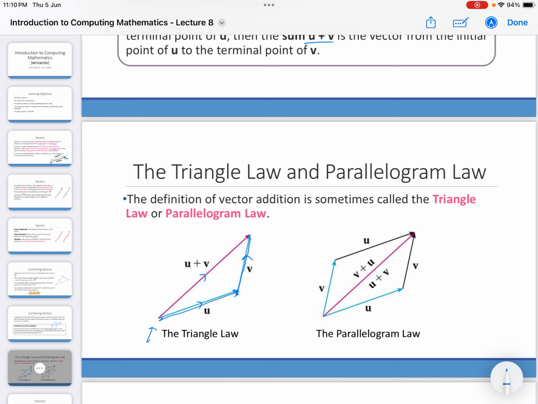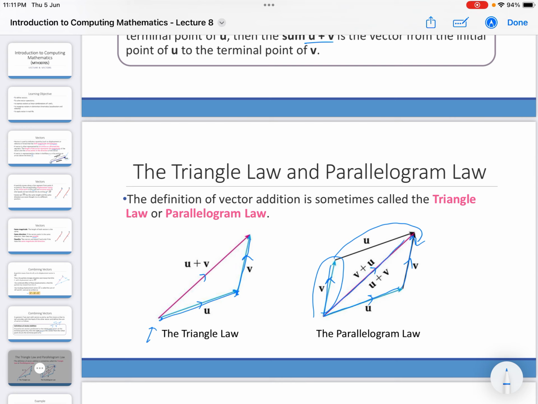And then for the parallelogram law, we do the same. Let's say we have this U, and then we have this vector V, and then U plus V. This vector V, we can shift to here so that the initial point of V is the same as the terminal point of U. So we shift here, we get this vector V, and then when we add, we get this.